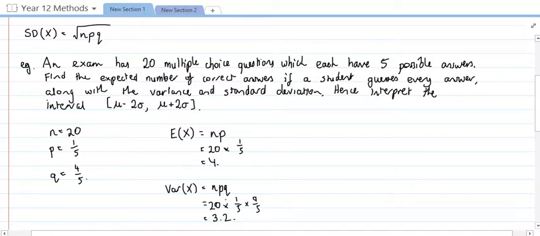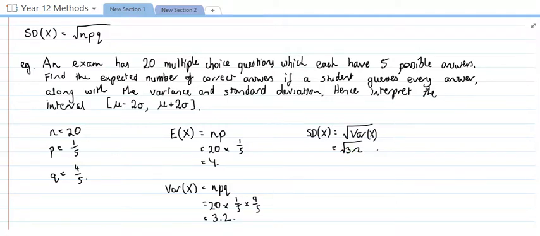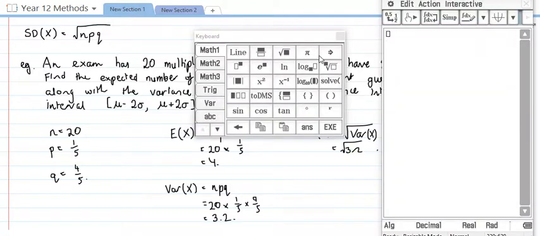And next thing I need to do is the standard deviation. So I'll just write down SD of x is equal to the square root of the variance, which in this case is the square root of 3.2. I'm just going to grab the calculator, so I'll just be a moment. Righto, here it is.